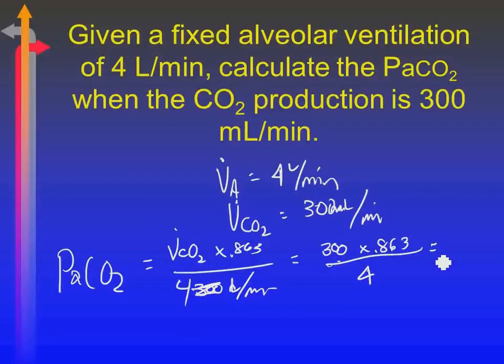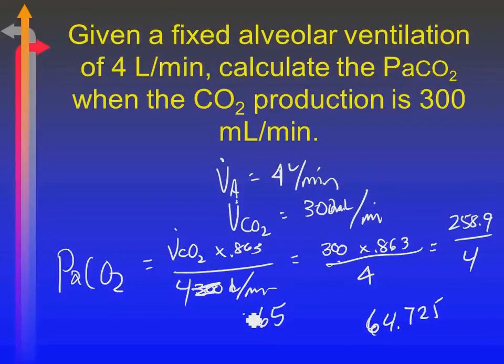I don't have my calculator, so I'll use my phone to phone home. 300 times 0.863, 258.9 divided by 4 is 64.725. So I would have a PaCO₂ of roughly 65 torr.